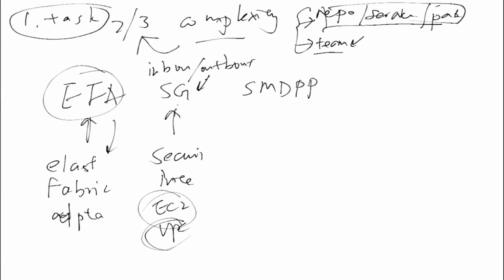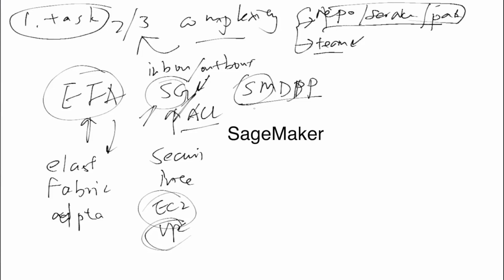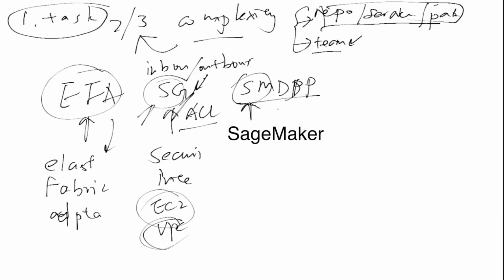Also, by the way, this is an exam point too: it is usually compared to an ACL, access control list. I think you can look it up, they have a difference. SMDDP is SageMaker distributed data parallel, where DDP stands for distributed data parallel.